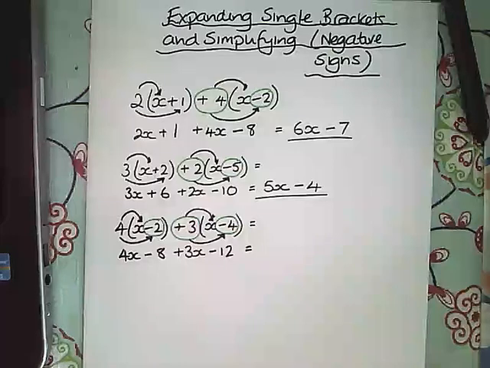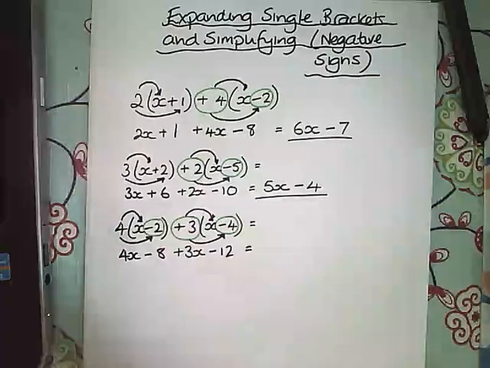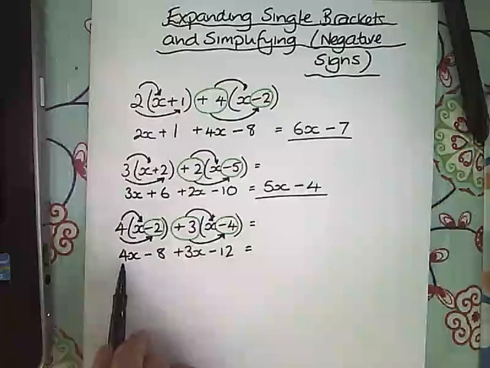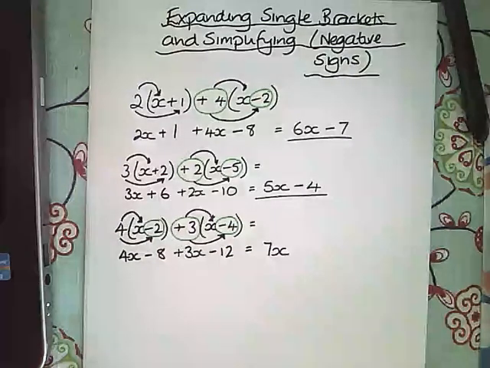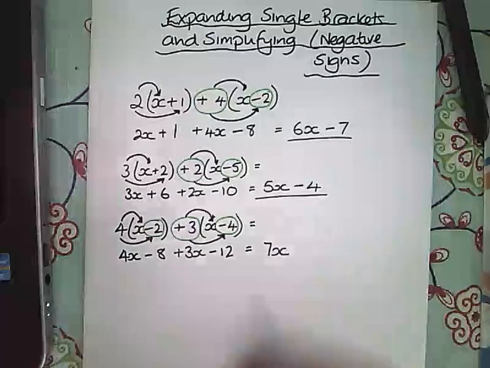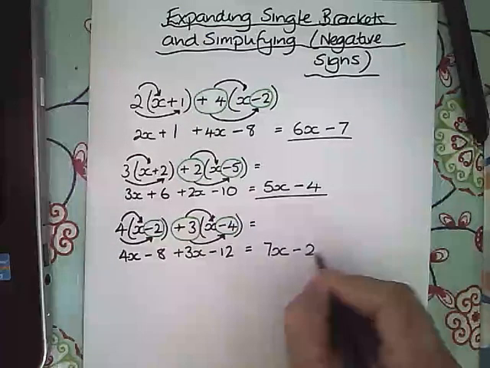Then when we come to tidy it up, the x's are all positive, so I've got 4x add 3x, which gives me 7x. Then you need to be just a little bit careful with this. I've got minus 8 and minus 12, and if I combine those two together, minus 8 take away another 12 is going to take me down to minus 20 altogether.